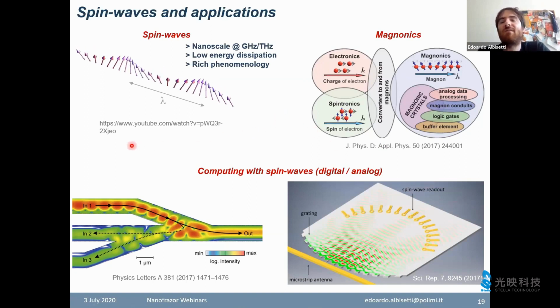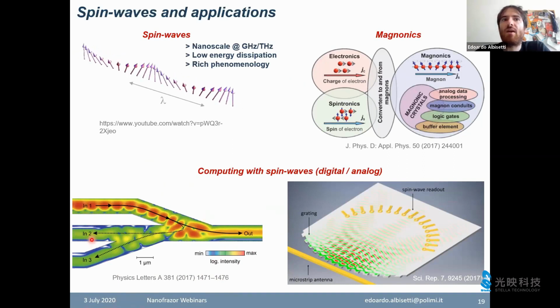There are two main paradigms that you can use for computation. You can have a digital paradigm, for example a logic gate, with a binary input and binary output. Instead of using transistors cascaded with each other, you have logic gates that work by using the interference of spin waves that propagate in confined conduits, basically waveguides.